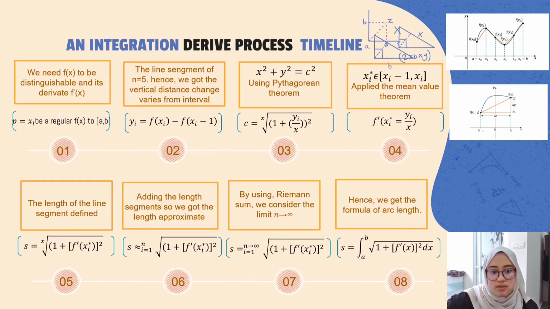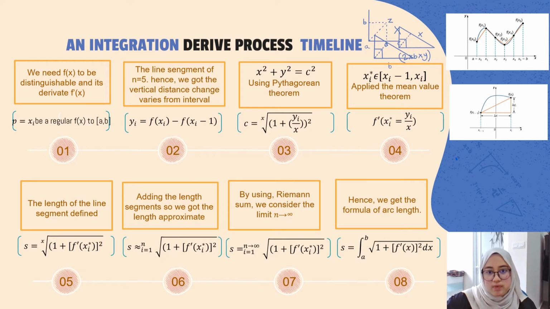Moreover, by using the Riemann sum, we consider the limit as n approaches infinity. Hence, we can summarize this finding as the integral from a to b of the square root of 1 plus f'(x) squared dx. So after we get the derivative of a function, which can be written as f'(x), we can calculate an exact answer by solving the differential and integral parts.